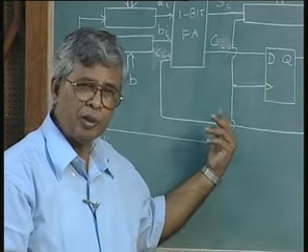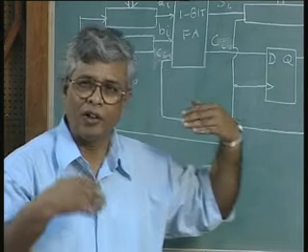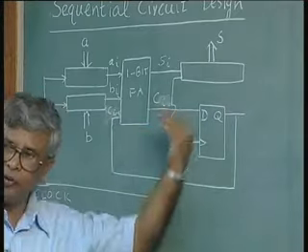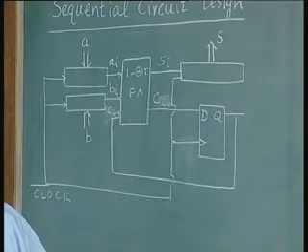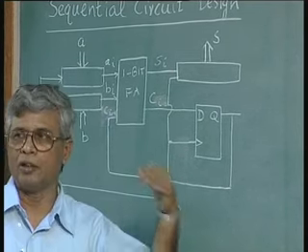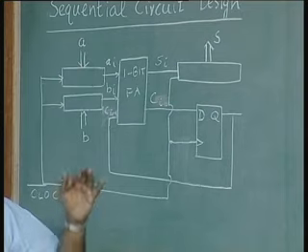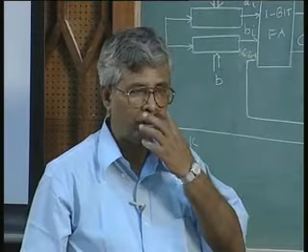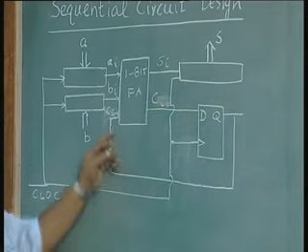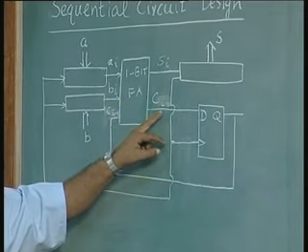I took this example simply for 2 reasons. One is a full adder is a very familiar example to all of us. Second thing is, we talked about sequential circuits and we talked only about flip flops, but I gave you the model of the Mealy circuit and Moore circuit yesterday, saying that a Mealy or a Moore circuit will have inputs, state variable input, output and state variable output.